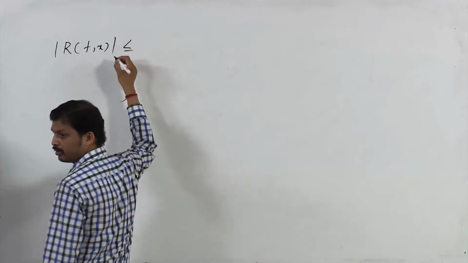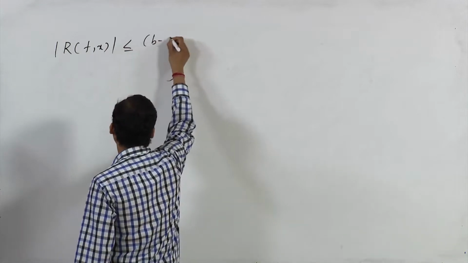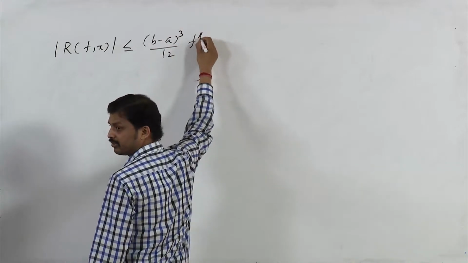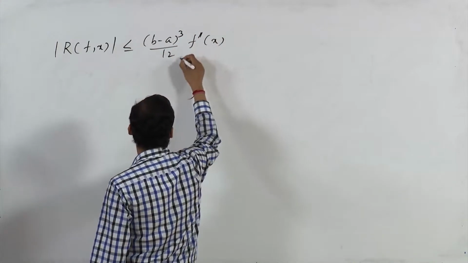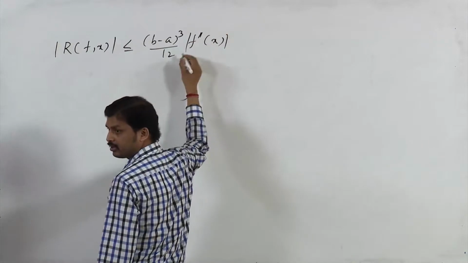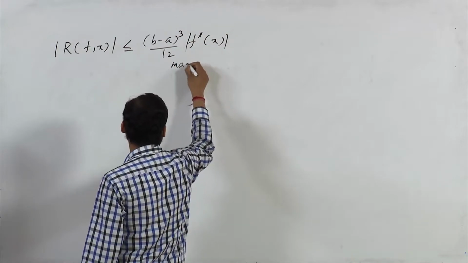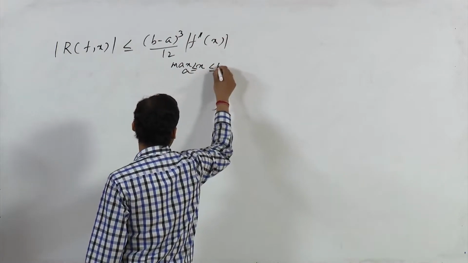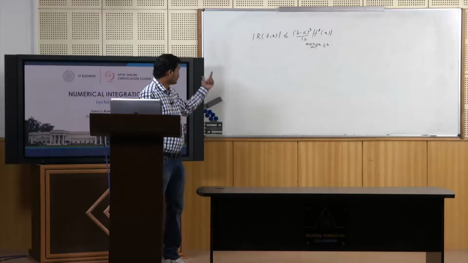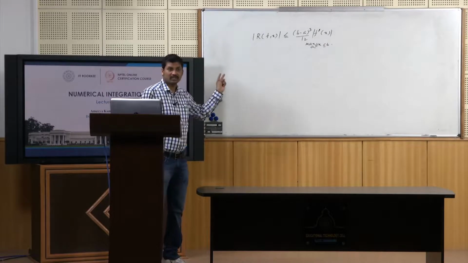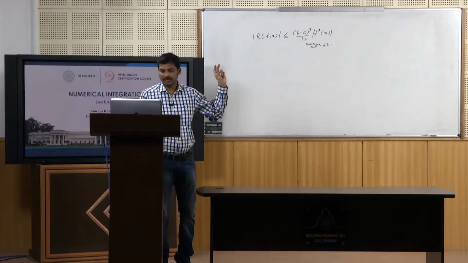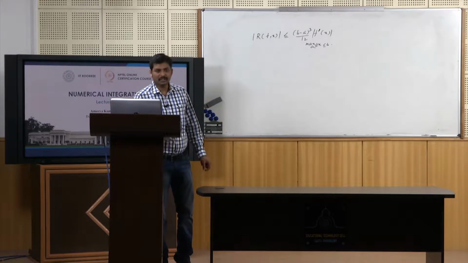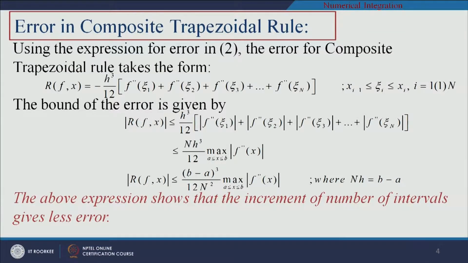This should be less than or equal to (B minus A) whole cube by 12, times the absolute value of f double dash of x, that is the maximum of x lying between A to B. We have considered this positive value since we have taken the absolute value on the left hand side. So, this expression is for a single formula.